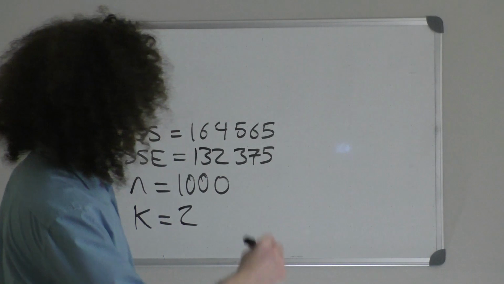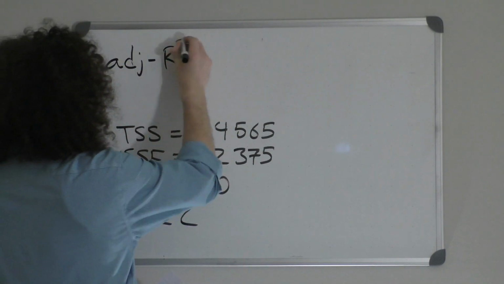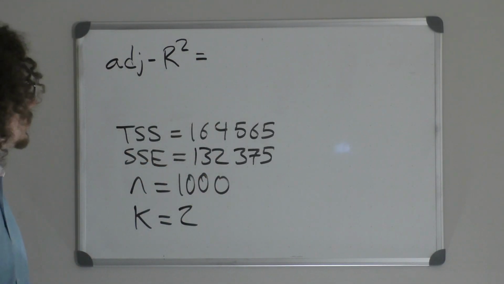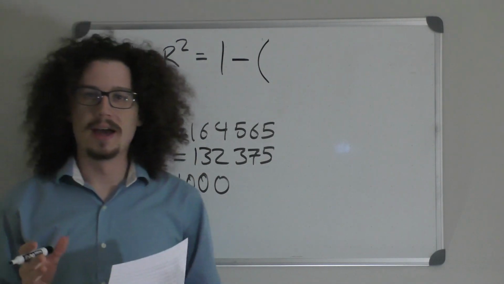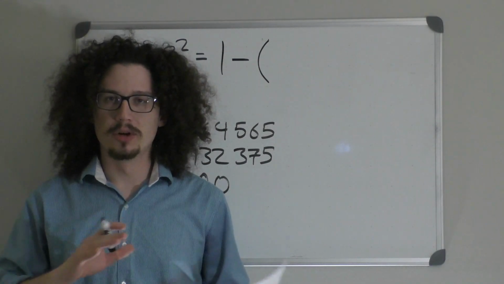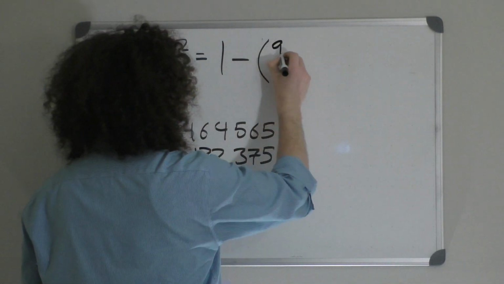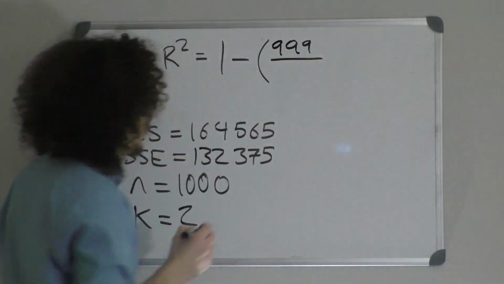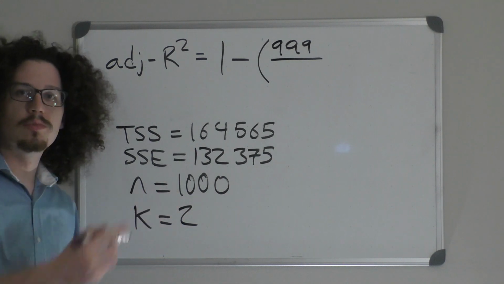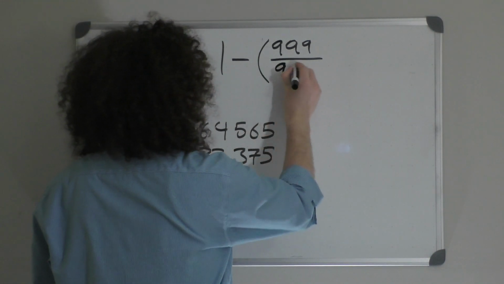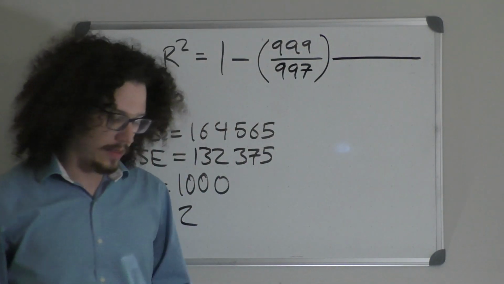Probably going to need a little bit more space than I thought we would, but here we go. So our adjusted R squared is equal to 1 minus, right, now we need to include that term, that n minus 1 over n minus k minus 1. So n minus 1 would be 999 divided by n minus k minus 1, 1,000 minus 2 minus 1, so 997.